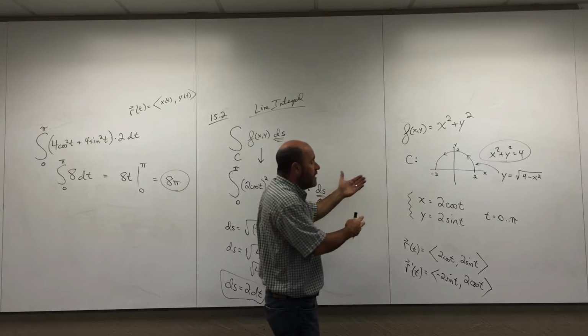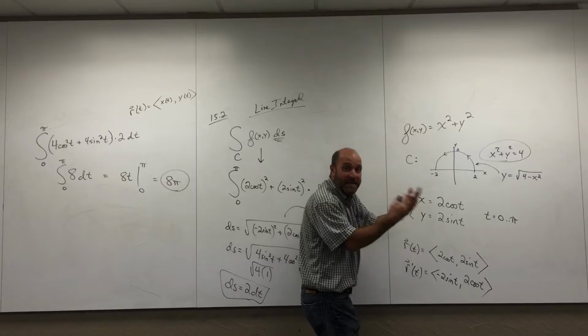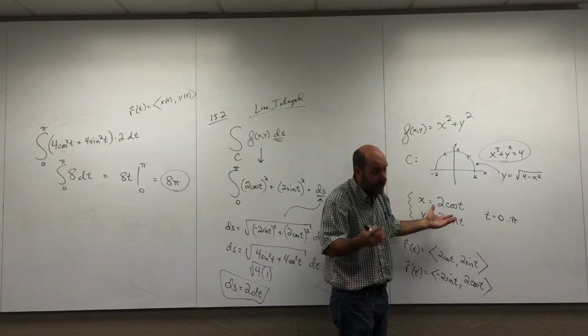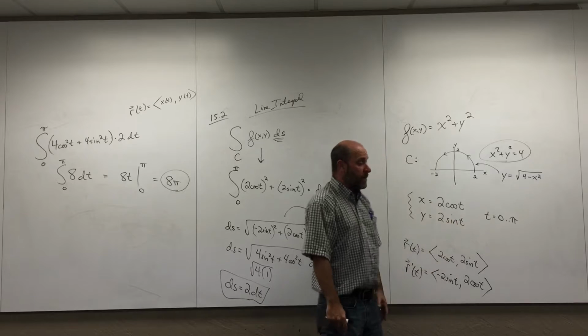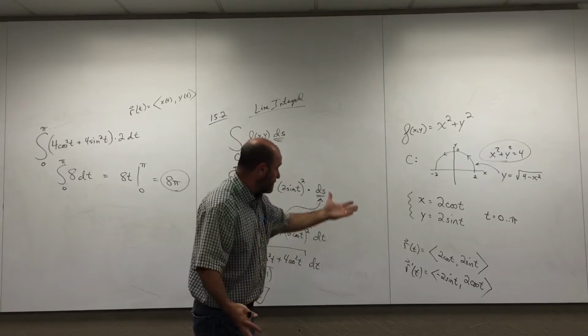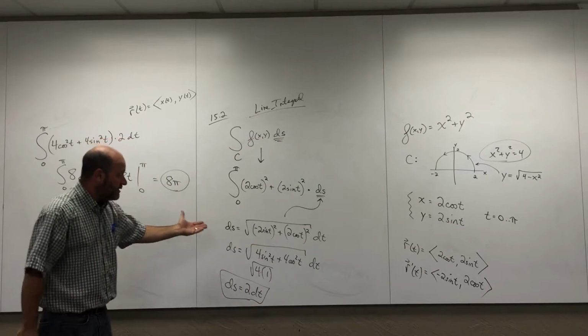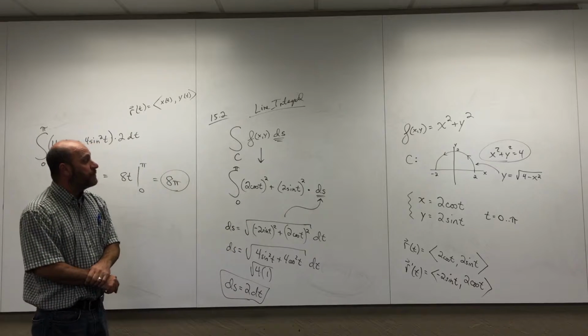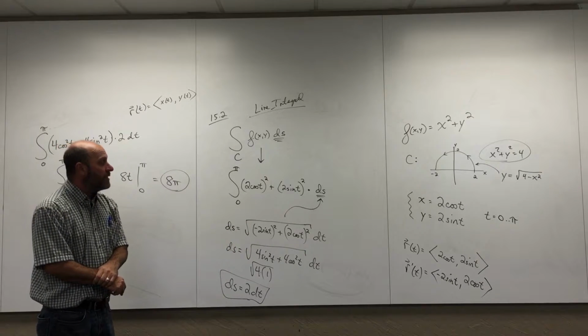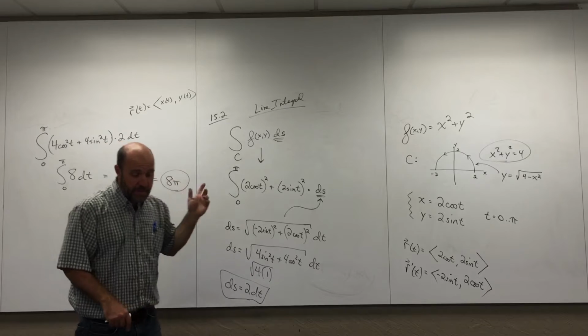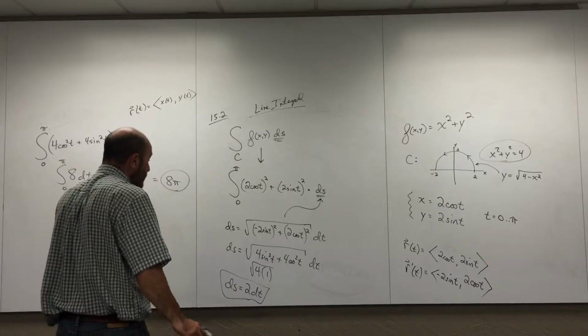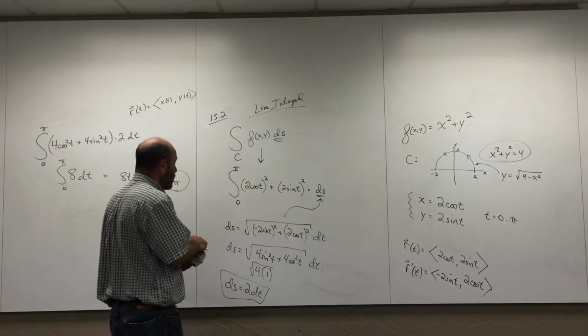That's why we needed the x's and y's parameterized in terms of the single parameter t. And then we needed the ds turned into t's and dt's. So it's a process. That was a good problem. We're in 15.2. You've got to start working on these.